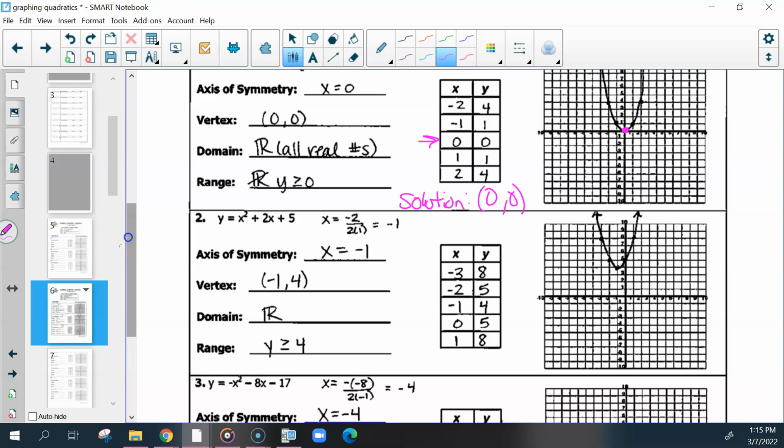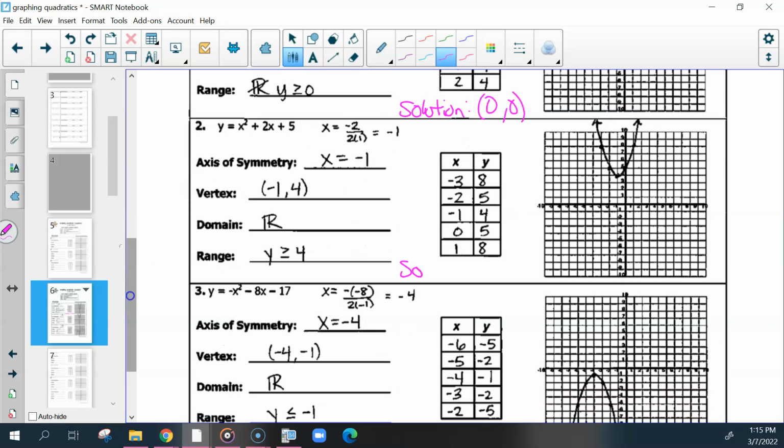Does number 2 cross the x-axis at all? No. So when this does not cross the x-axis, this has no solutions. It has solutions, but it doesn't have real solutions. They're imaginary, something you'll deal with in Algebra 2.